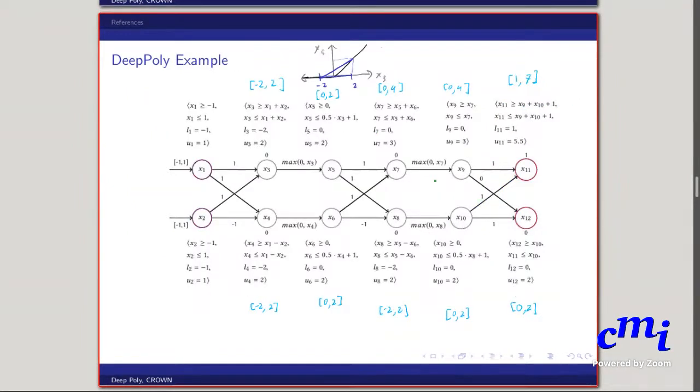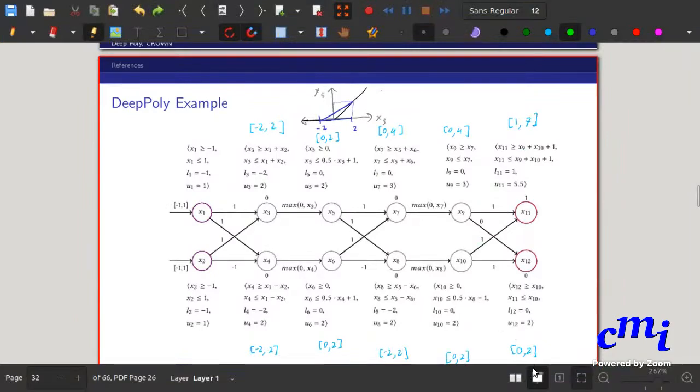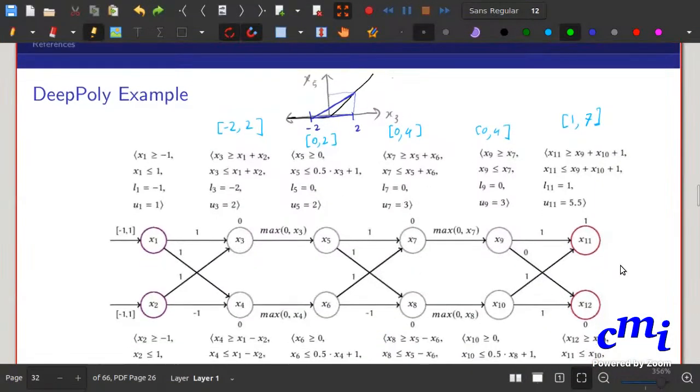Yeah, okay, sure. So this is the example that I have, and this is directly from the DeepPoly paper. And I have written this in light blue. If you're able to make it a little bit bigger, I think that will be good. Is this good? Yeah.